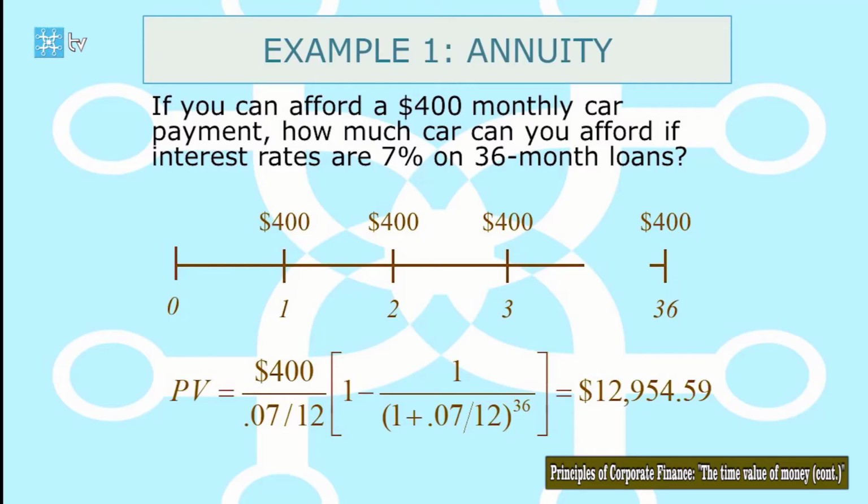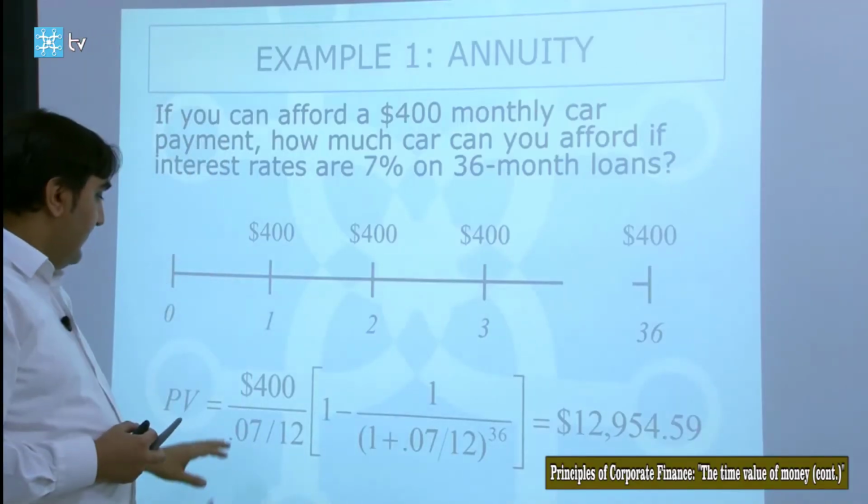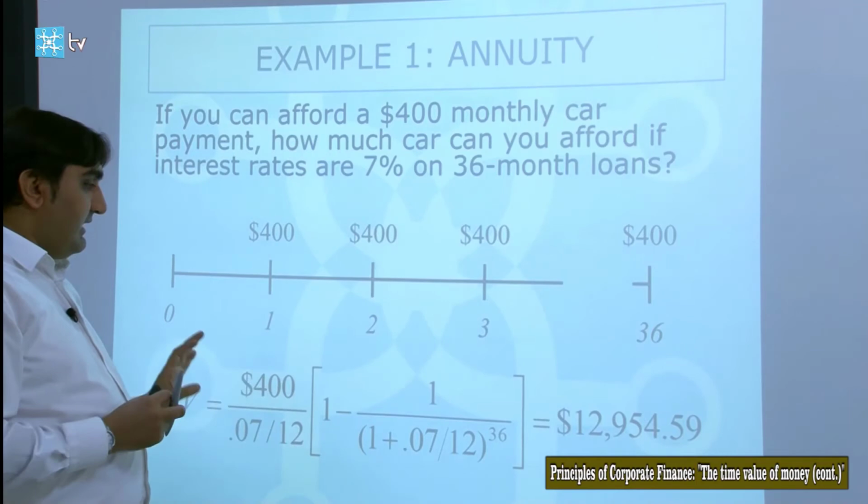As I said, all rates are quoted annual. Since our payments are monthly, we need to convert this annual rate into a monthly rate. That's 400, apply our formula.